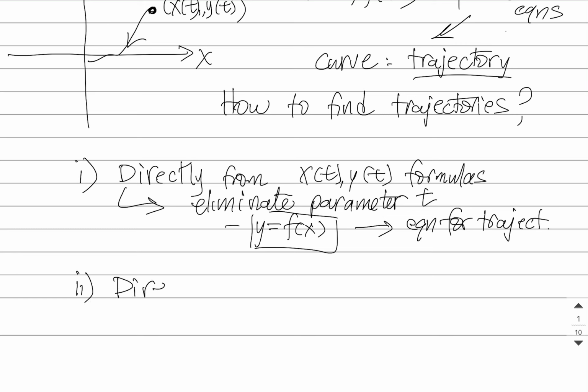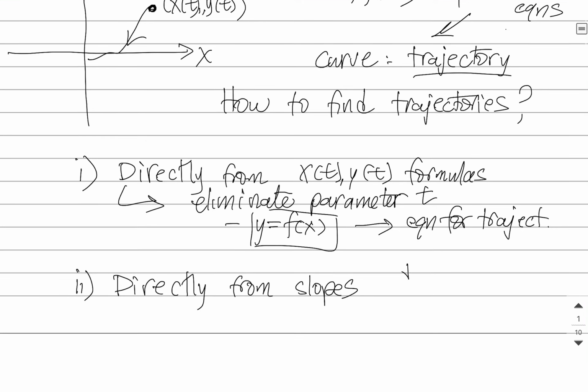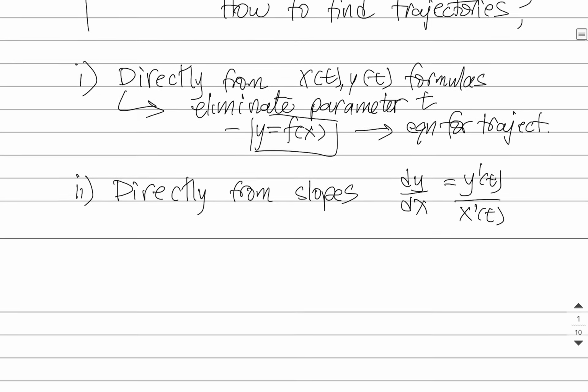There's another option. We can try to find things directly from the slopes. Remember, in a linear system, we are given x prime of t and y prime of t. So that means by the chain rule, we can determine the relationship for the slope of the parametric equation.